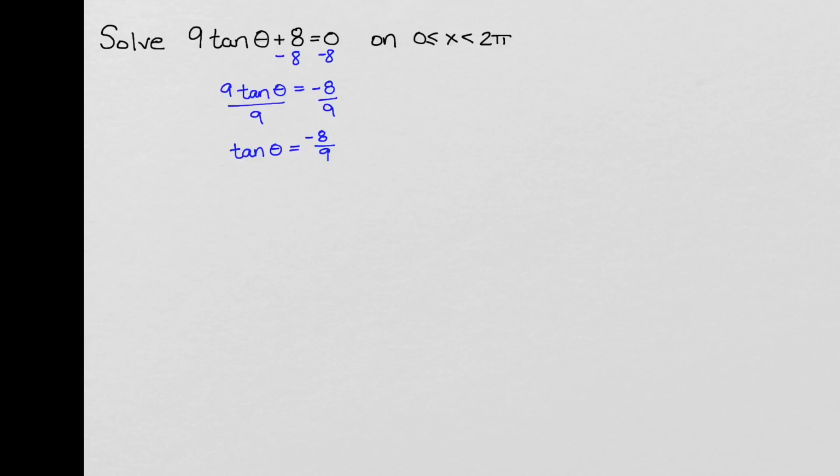All right, so now I can take the inverse tangent of both sides of this equation. And when I do this on my calculator, I get theta equals negative 0.73.